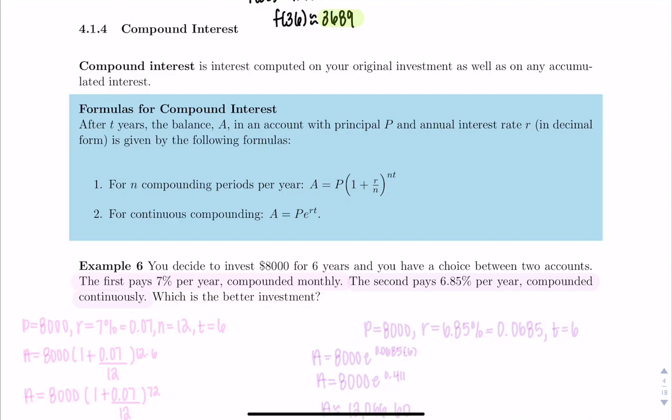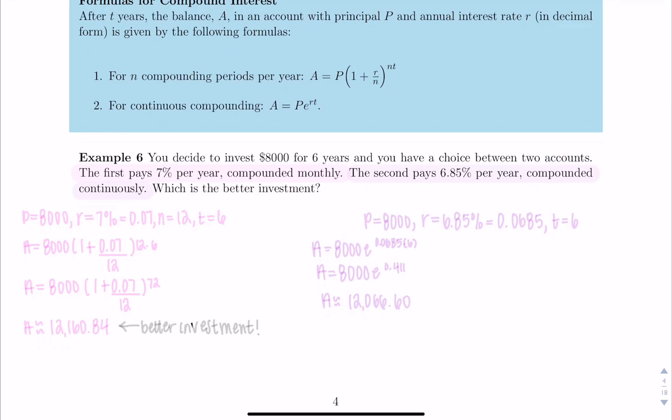So you decide to invest $8,000 for 6 years, and you have a choice between two accounts. The first pays 7% per year, compounded monthly. The second pays 6.85% per year, compounded continuously. Which is the better investment?